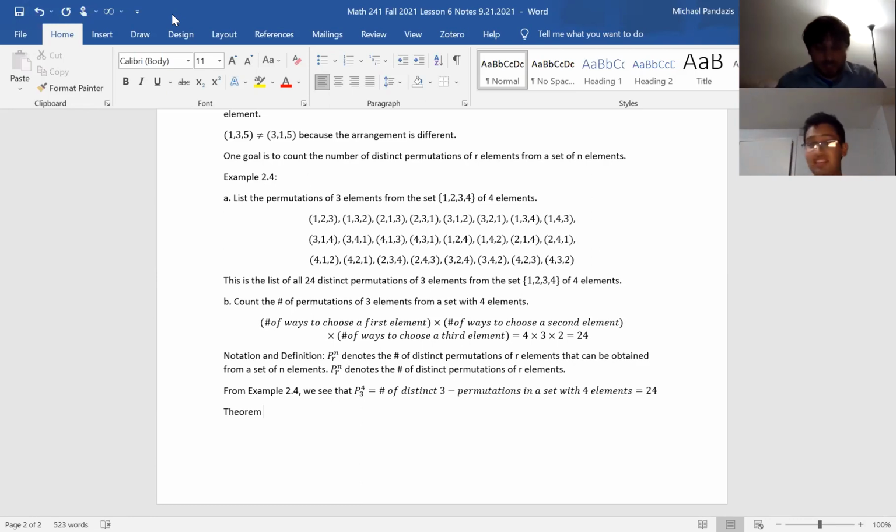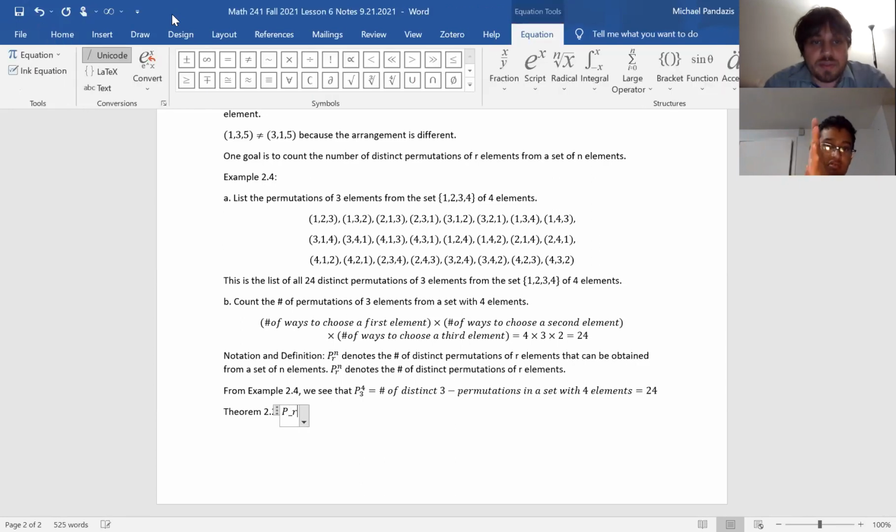Okay, so next is theorem 2.2. That theorem tells you the value of P(r, n). It's a formula, which as a student is always great because you can just use it on a test and get the answer right.